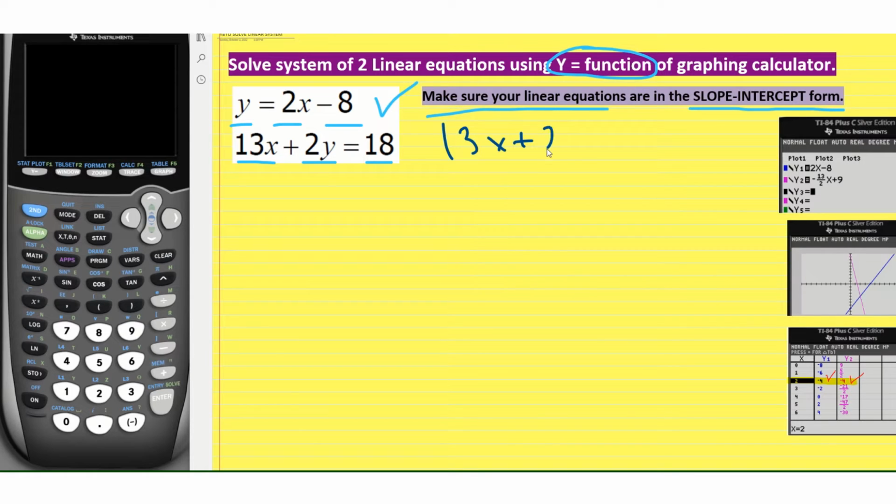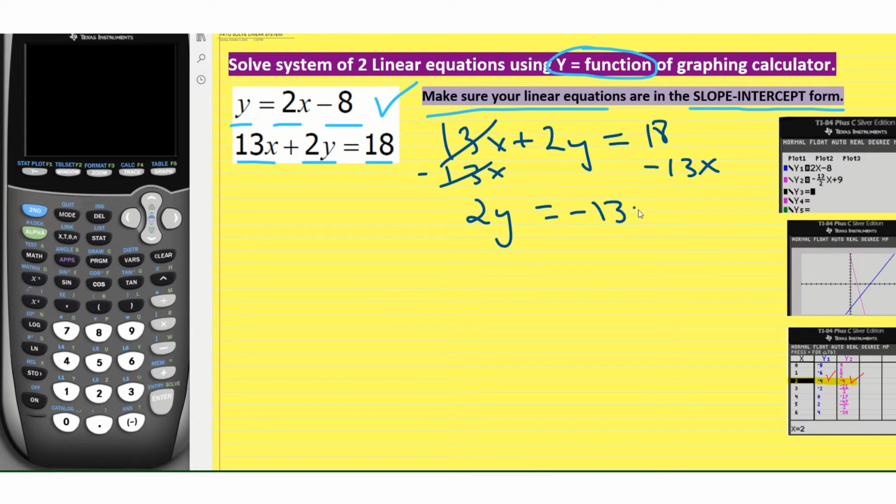So 13x plus 2y is equal to 18. I want to subtract off my 13x on both sides. So minus 13x, this will cancel. I'm left with 2y is equal to negative 13x plus the 18.